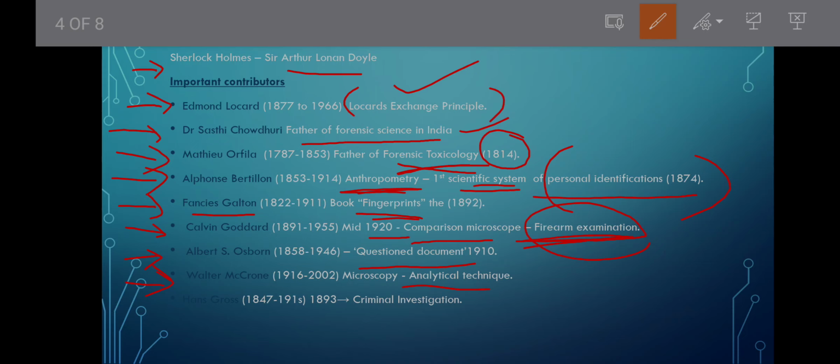Then lastly we will see Sir Hans Gross, from 1847 to, sorry, there is a typing mistake, 1915. In 1893 he published the book Criminal Investigation. He was an Austrian criminologist.